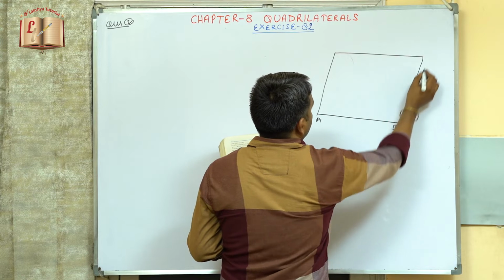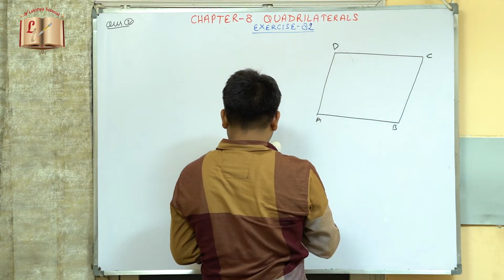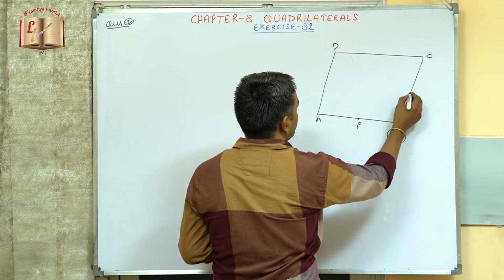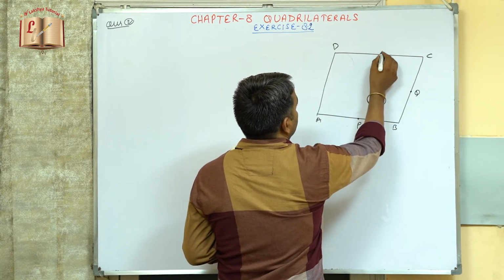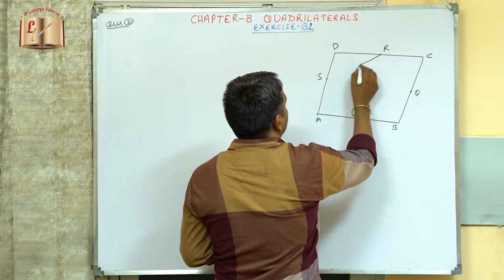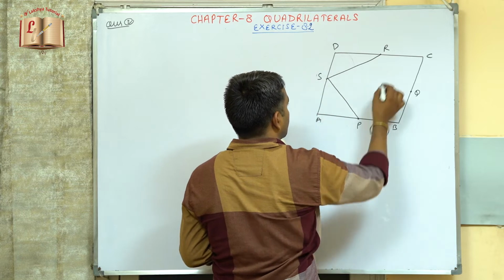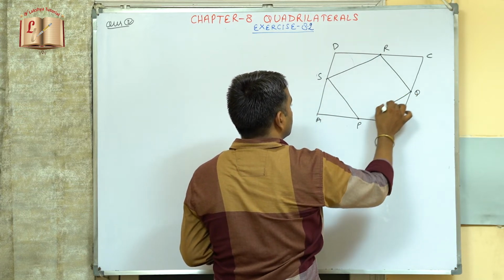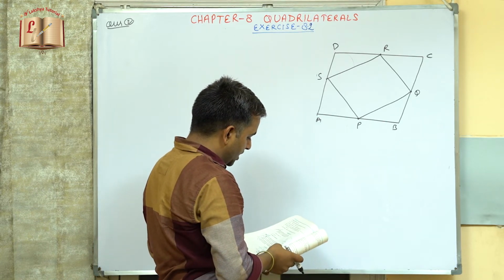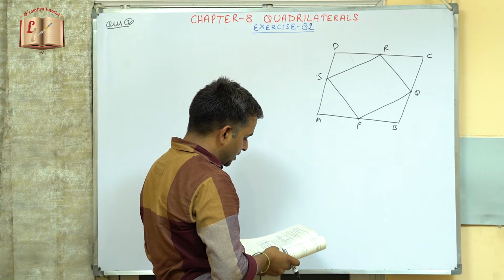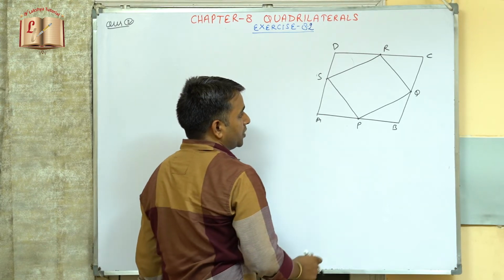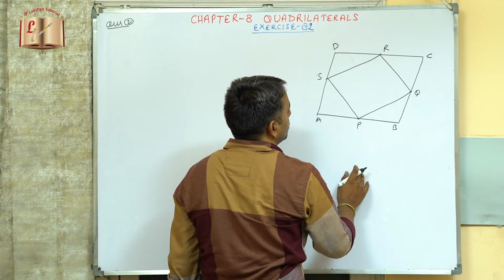A, B, C, D, and PQRS are the midpoints. P is on AB, then Q, then R, and then S, and these points are joined. So ABCD is a rhombus, and we need to prove that quadrilateral PQRS is a rectangle.